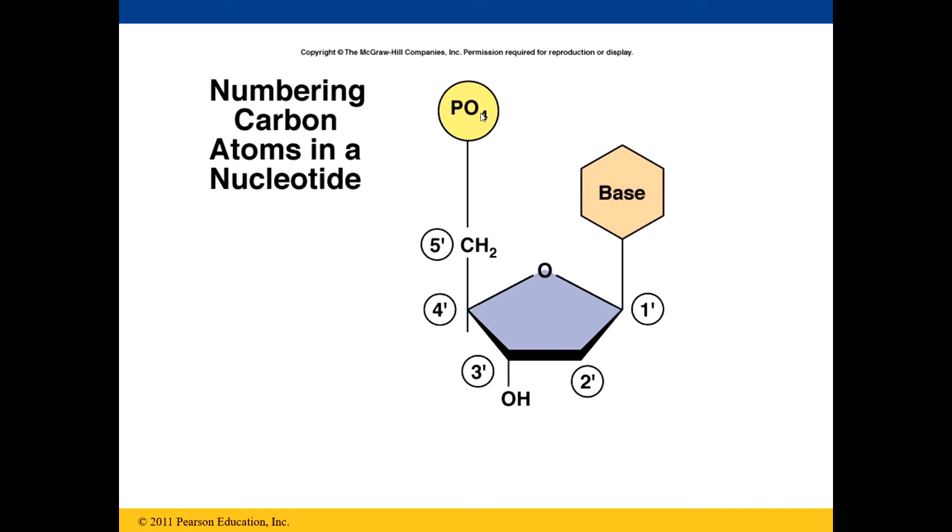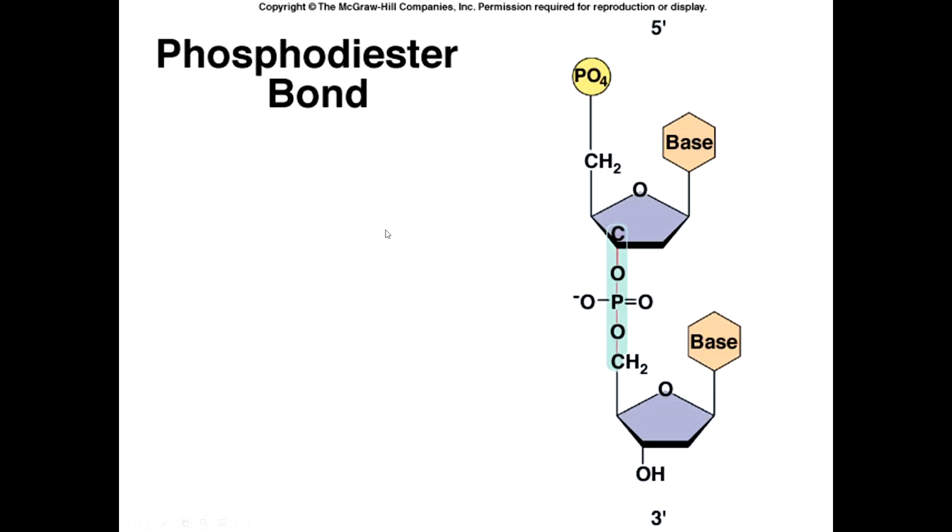This will become important when we start talking about the direction or how these nucleotides pair up. And so when you see this little prime symbol here, we would call this the 1', 2', 3', 4', or 5' carbon as we go along.